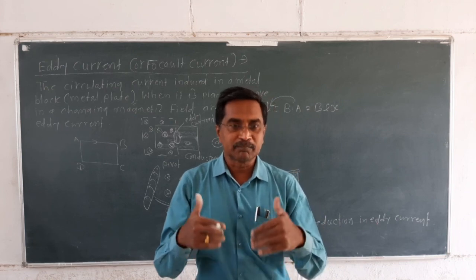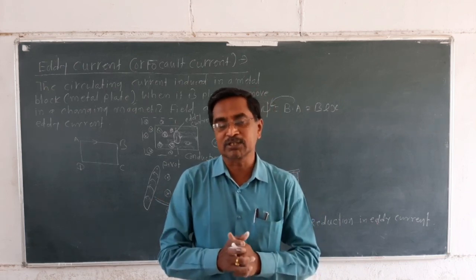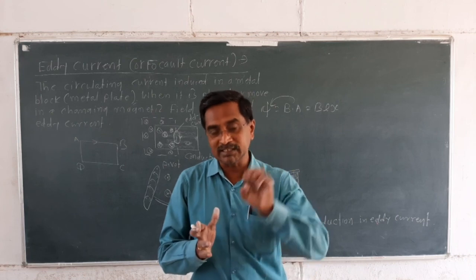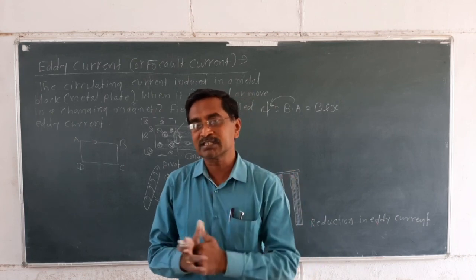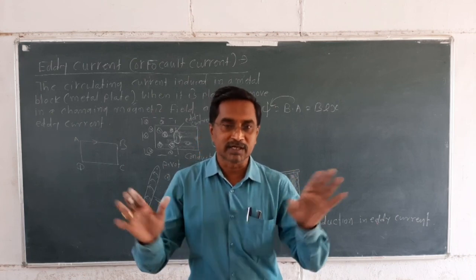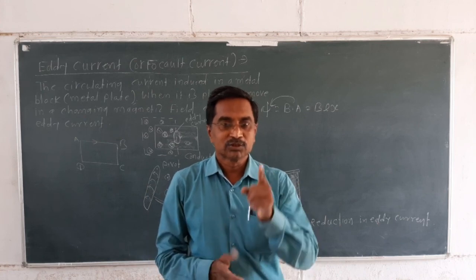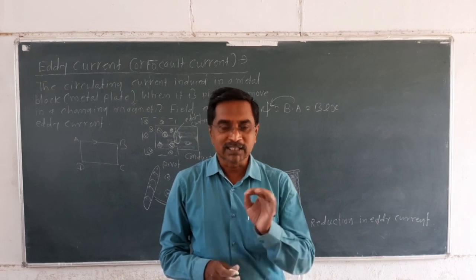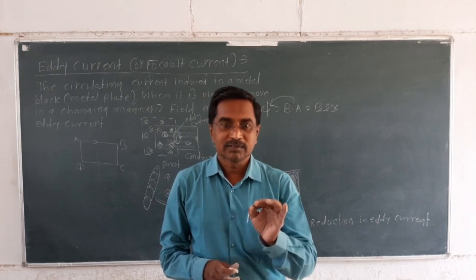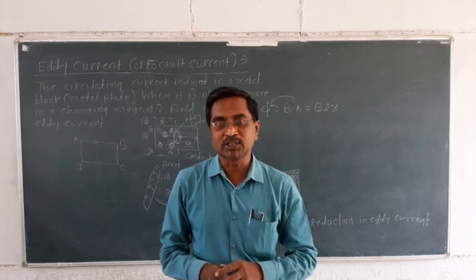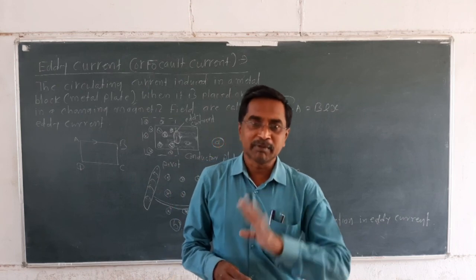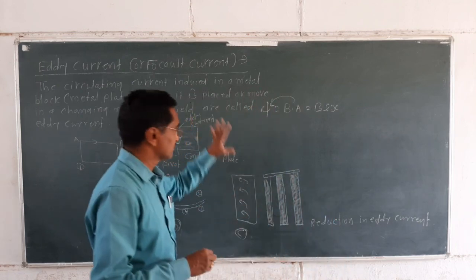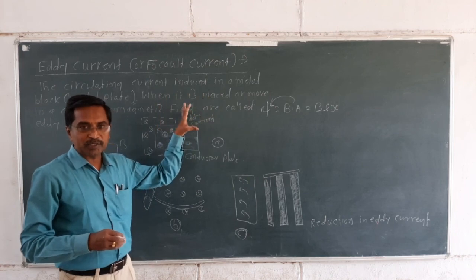When you keep the material in that induction furnace, due to the heat in that induction furnace, the metal melts. So in that induction furnace, eddy current is used. These are the important applications of the eddy current. Remember only these applications. Okay, you got this.